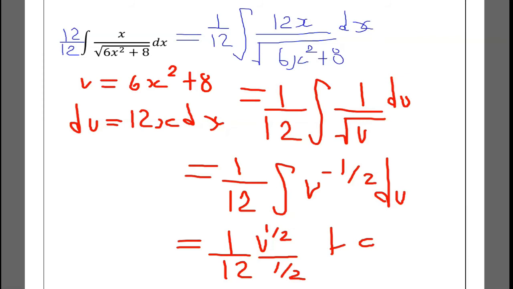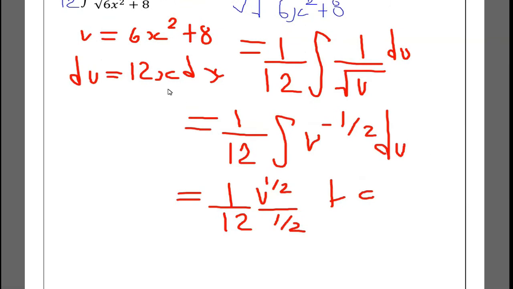So it's 1 over 6 times u to the half. But remember, u is 6x squared plus 8. So again, guys, 1 over 12 multiplied by 1 over a half is the same as 1 over 12 times 2. So you're getting 1 over 6 u to the half power, and u to the half power is the square root of u.